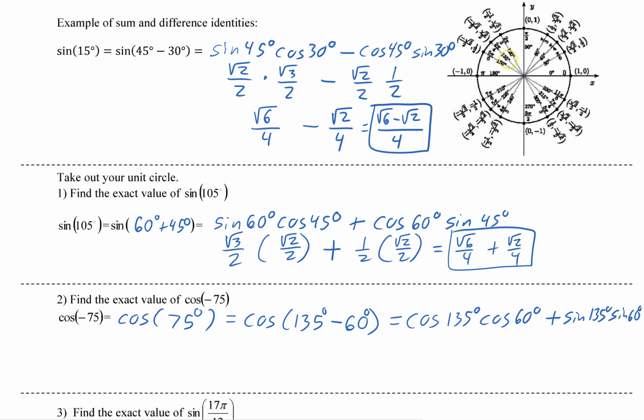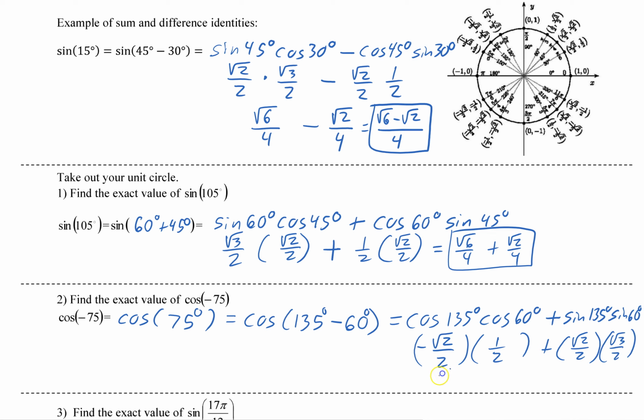All right, so 135, our cosines are all sitting right here. So it's negative rad 2 over 2. And then cosine of 60 is 1/2. Plus, and then sine of 135 is rad 2 over 2. And then sine is rad 3 over 2.